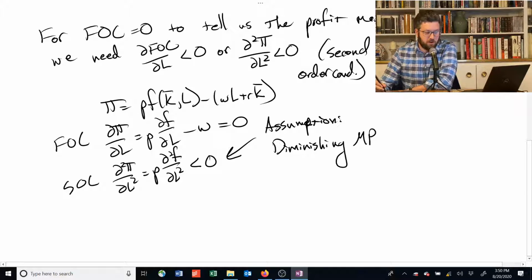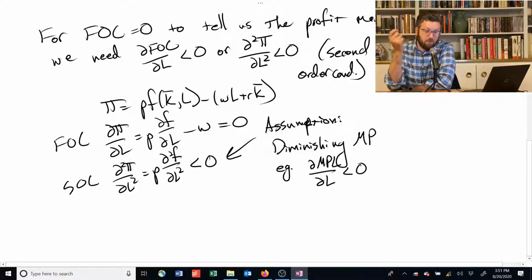The diminishing marginal product assumption guarantees that if we take the derivative of the marginal product of labor with respect to labor, it's going to be negative. Okay, as you add more labor, you get less and less extra output. Okay, that was an assumption we kind of had in the background, and this is why we make that.